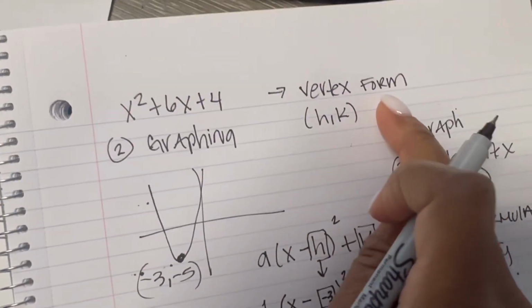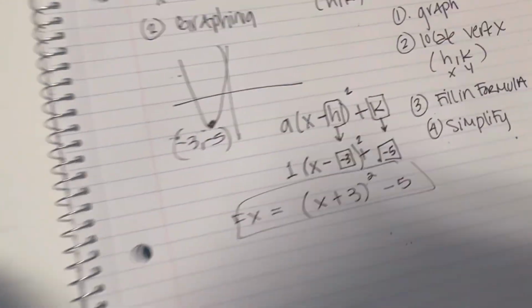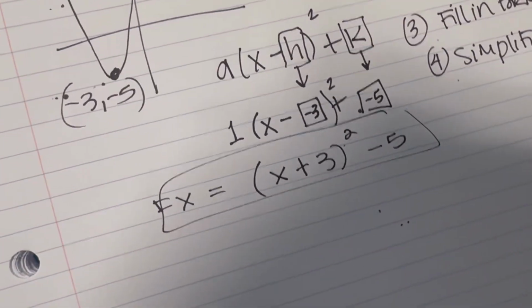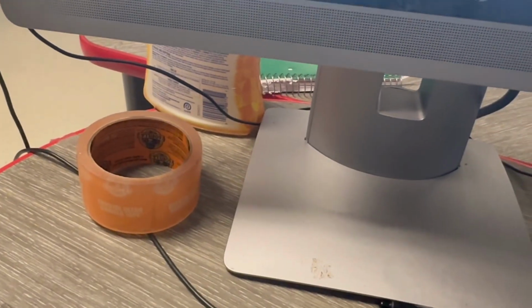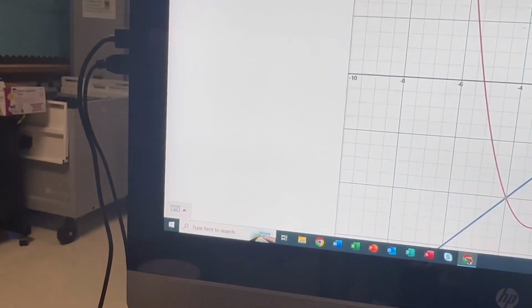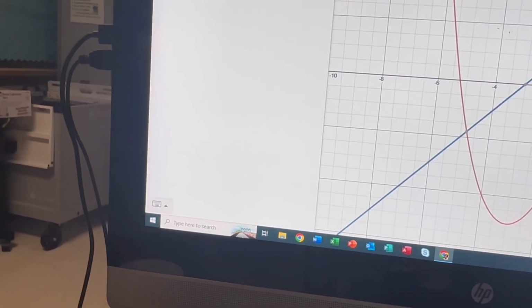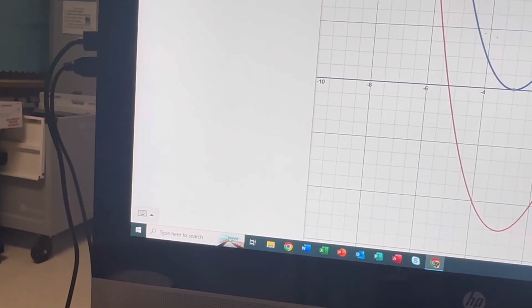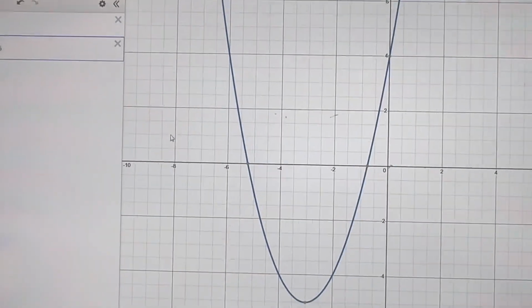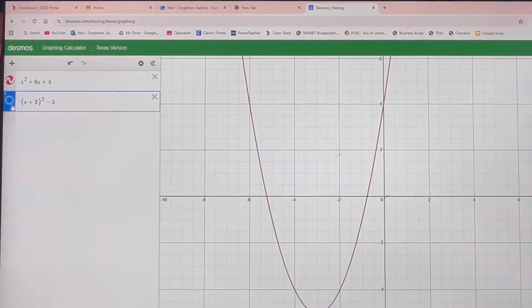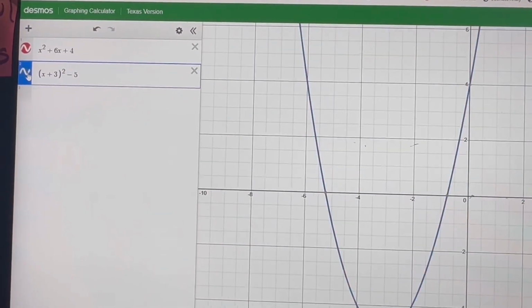for your vertex form versus the standard form. These are the same thing. If you were to graph this, check it. So go ahead and put in x plus 3 squared minus 5. Uncheck the blue, check it back.